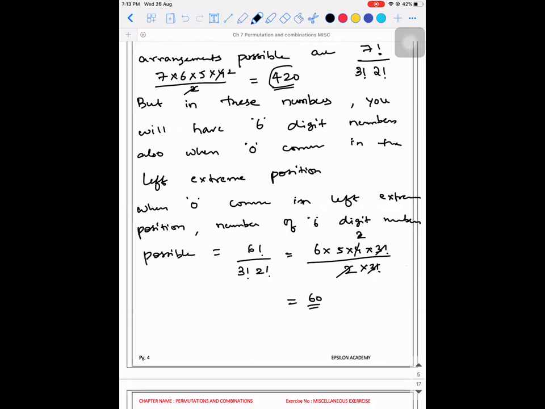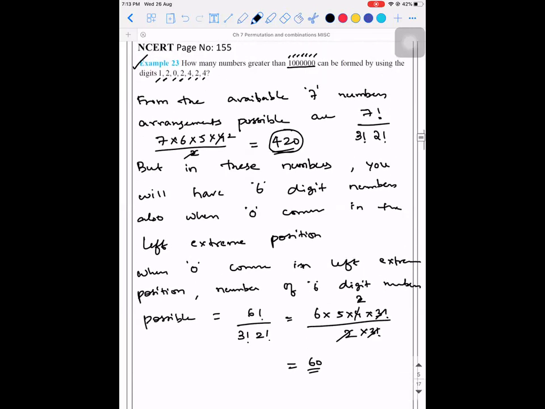So these are all the 7-digit numbers that are possible. All these 7-digit numbers will definitely be greater than 10 lakhs, because the least digit you're going to put on the left extreme is going to be 1. After 1, everything is a non-zero number. Even if there is a 0, we don't have an issue. That number will definitely be greater than 10 lakh.